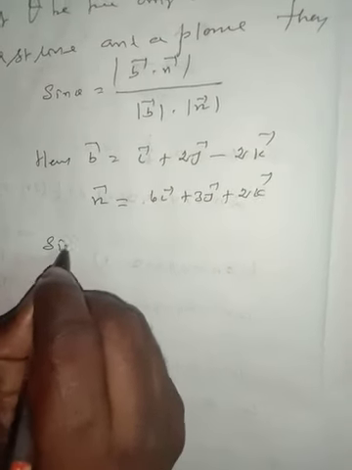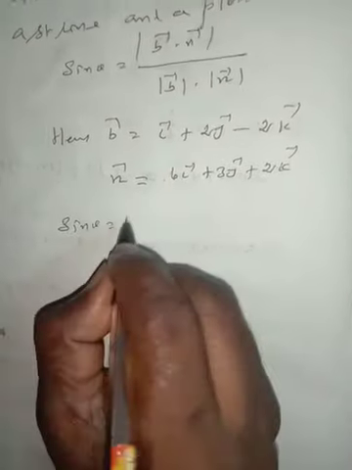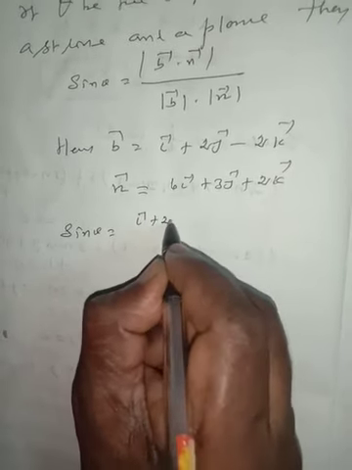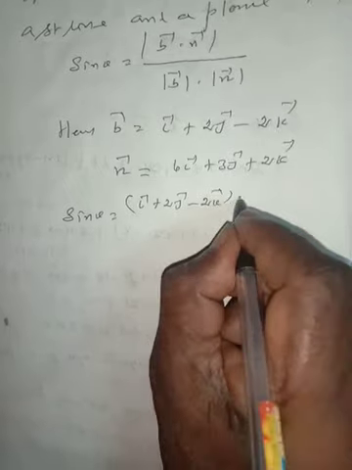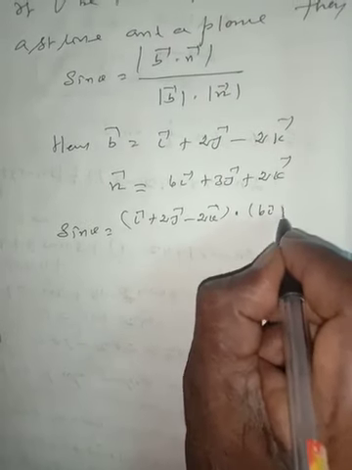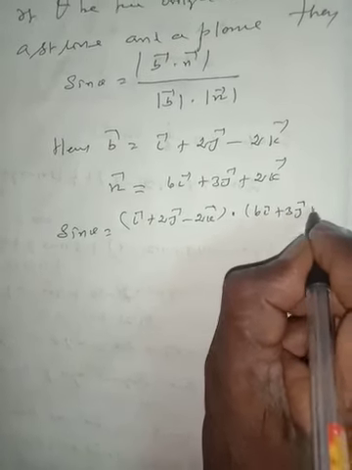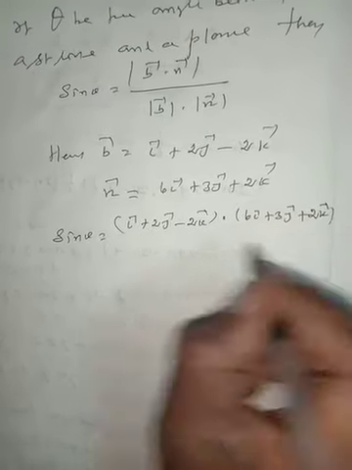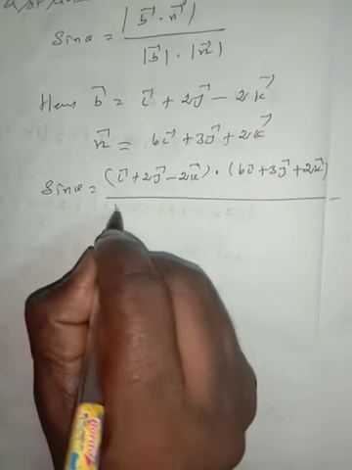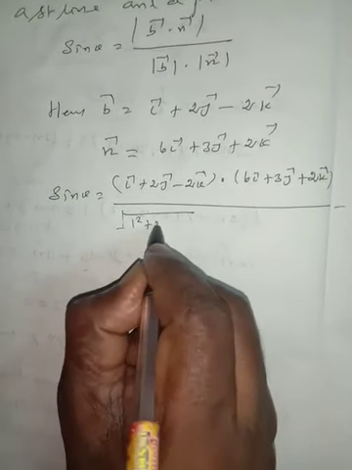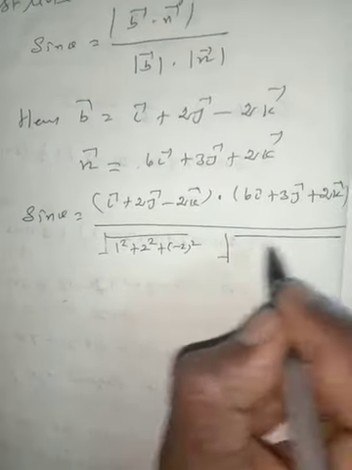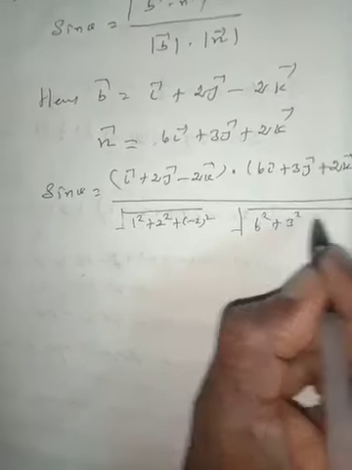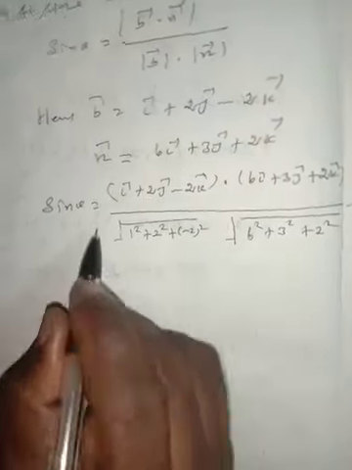Sin theta is equal to i vector plus 2j vector minus 2k vector dot 6i vector plus 3j vector plus 2k vector divided by magnitude, so square root of 1 square plus 2 square plus minus 2 whole square, into square root of 6 square plus 3 square plus 2 square.